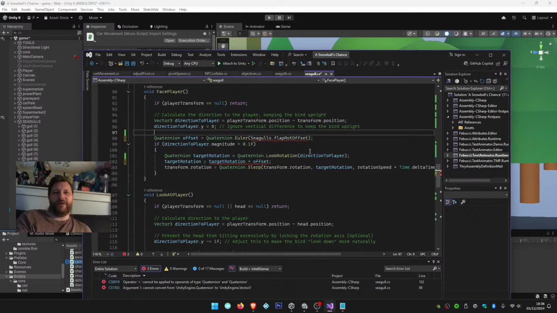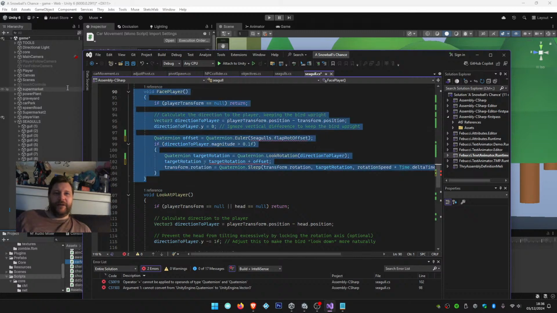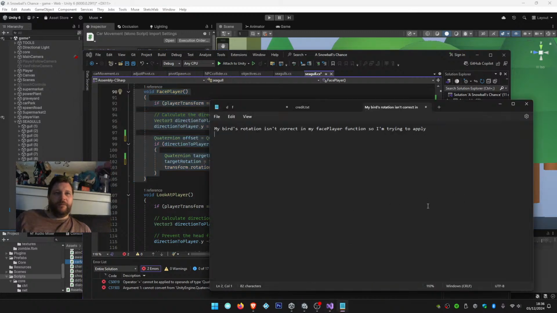I'm going to ask Jibbity. Let's ask Jibbity. My bird's rotation isn't correct in my faceplate function, so I'm trying to apply a rotation offset so I can line things up.